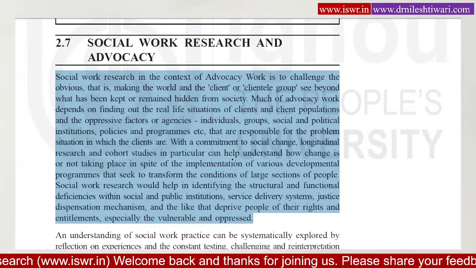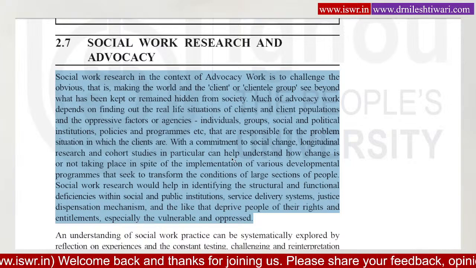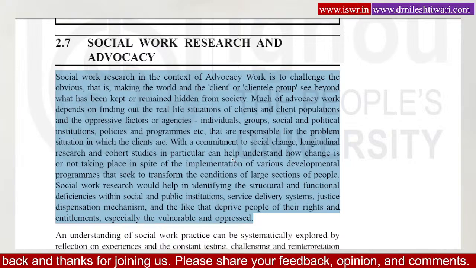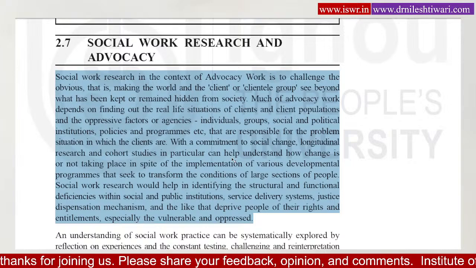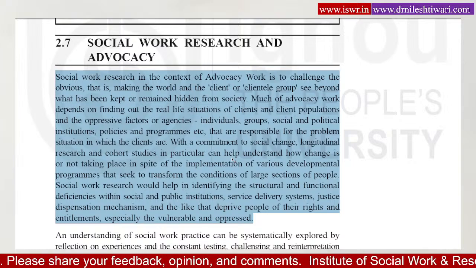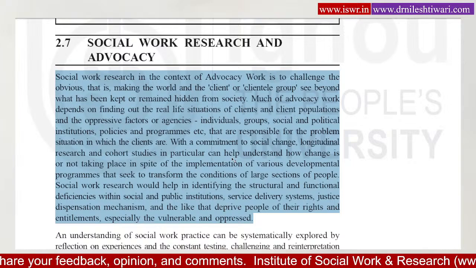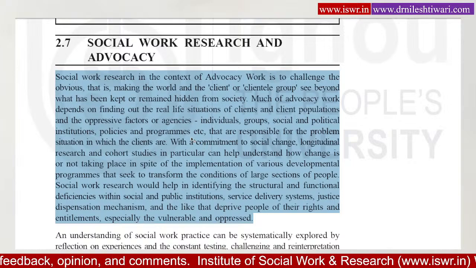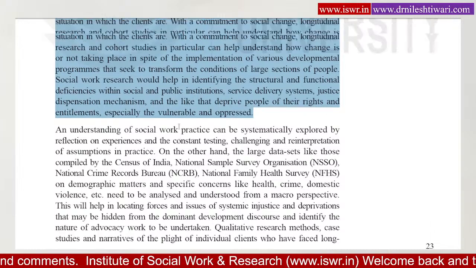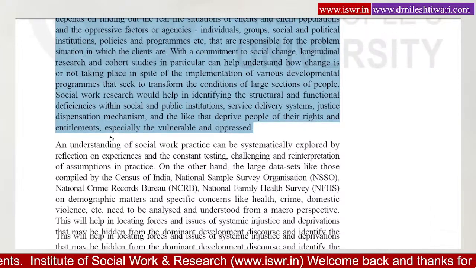We should have proper findings from research so that we can raise the voice of our clients. So evidence-based advocacy is the main aspect of social work research and advocacy, right? So that is what it says.